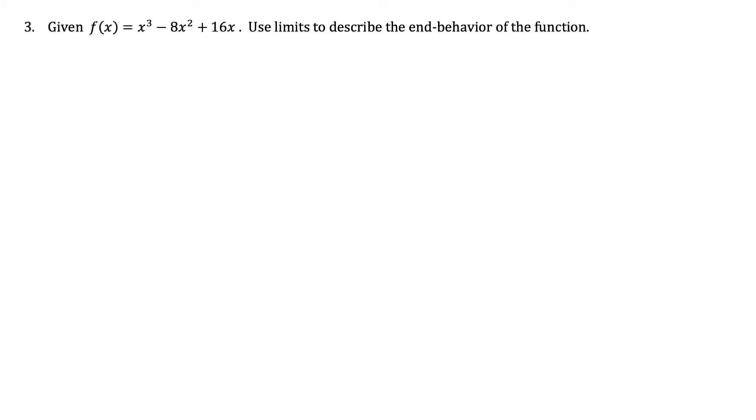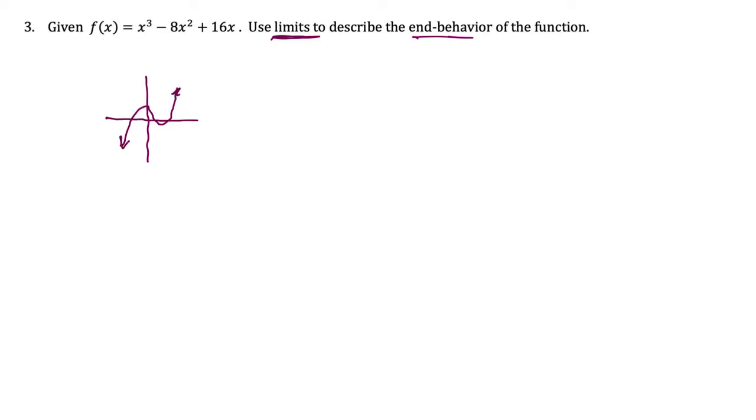All right, and so for our next one, this is cubic, and it wants us to use limits to describe our end behavior. So a cubic function, just keeping in mind, a cubic function does something like this.